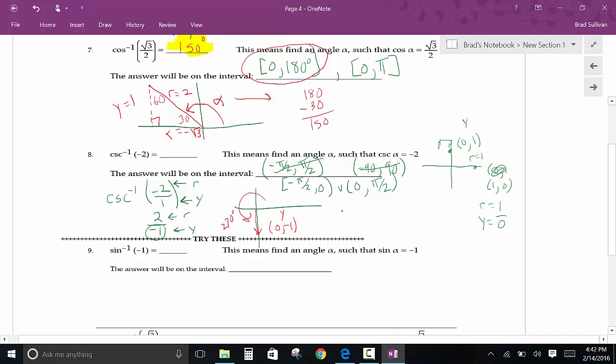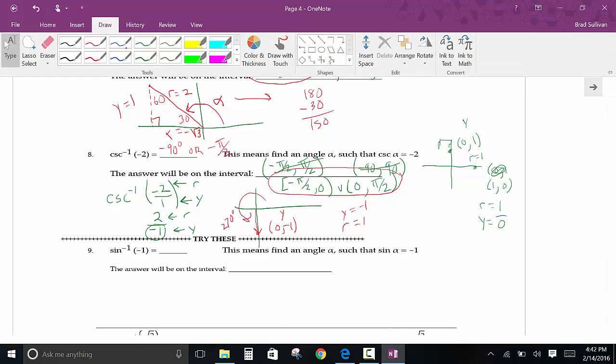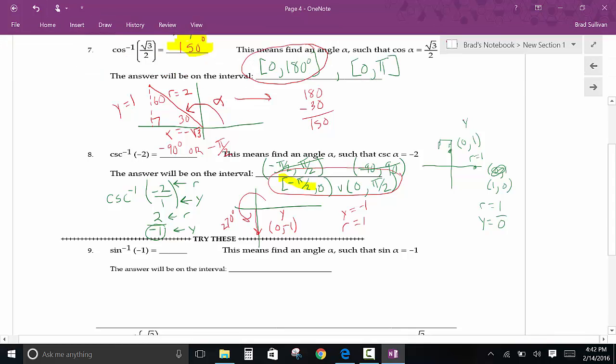So what we'd end up having is y is -1, r is 1, so we would be at 270, but 270 does not fall in this range here, so you have to say -90 degrees, or you have to say -pi/2, because you have to make sure that your answers fall within the specified domain. Okay, so that's a real important thing. 270 is outside of that range of answers. That's why you have to stop it and use -90 as an answer.